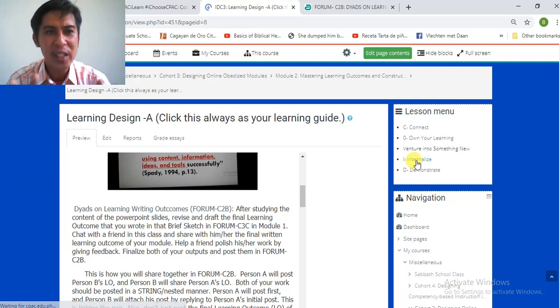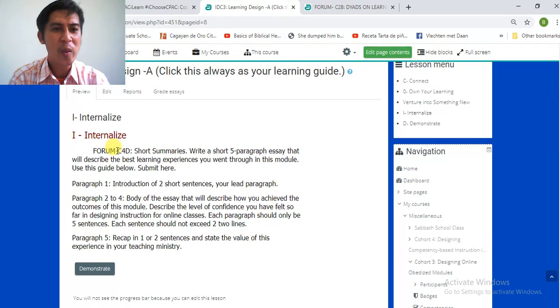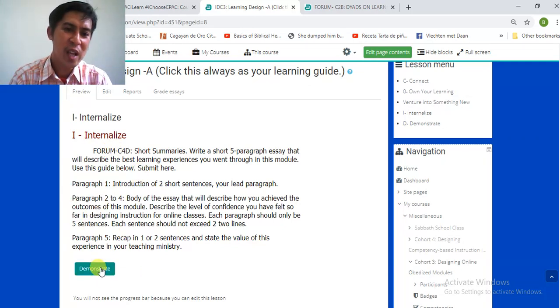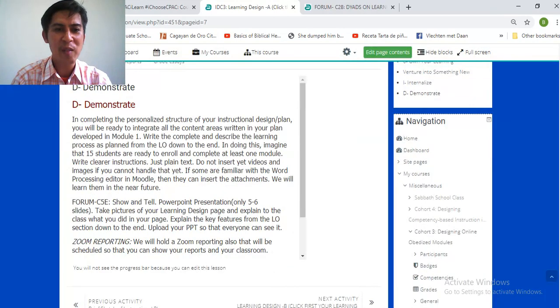And internalize. I provided time for them to internalize, and we had so many discussions here. We had forum and others, and then they demonstrate learning. So I asked them to demonstrate their learning. So they shared to me some of their output.